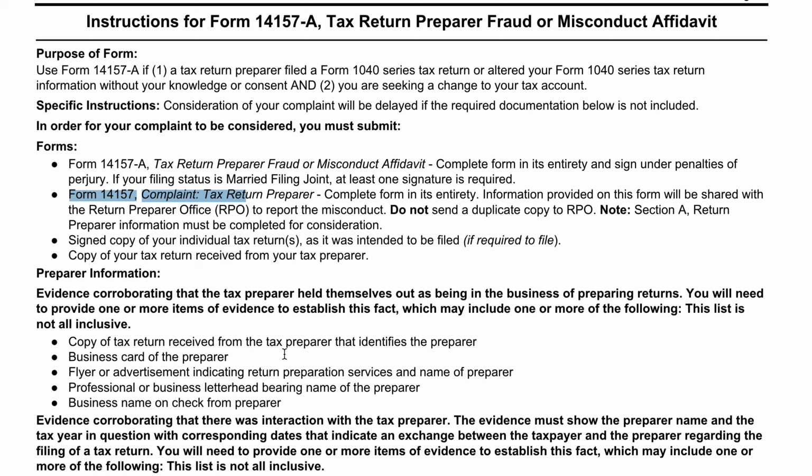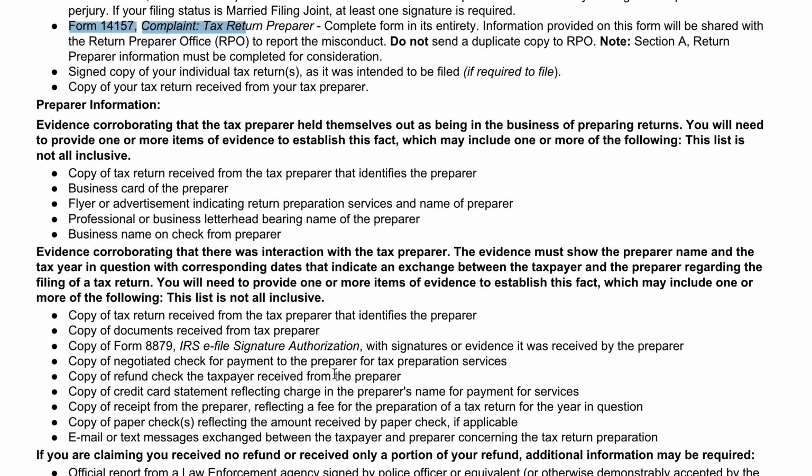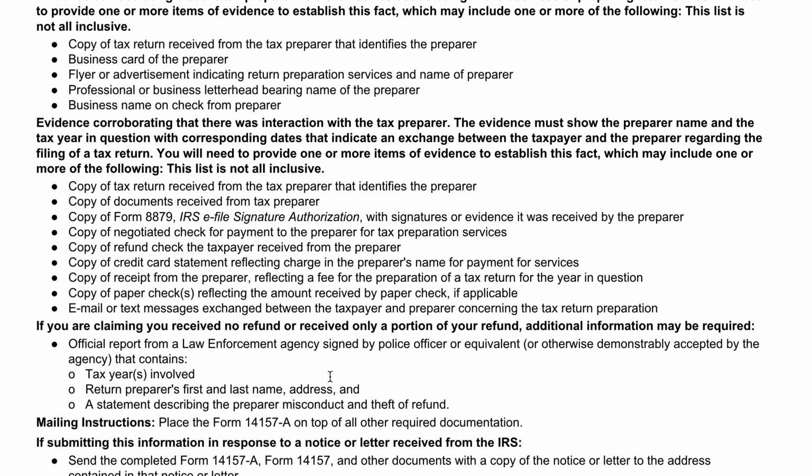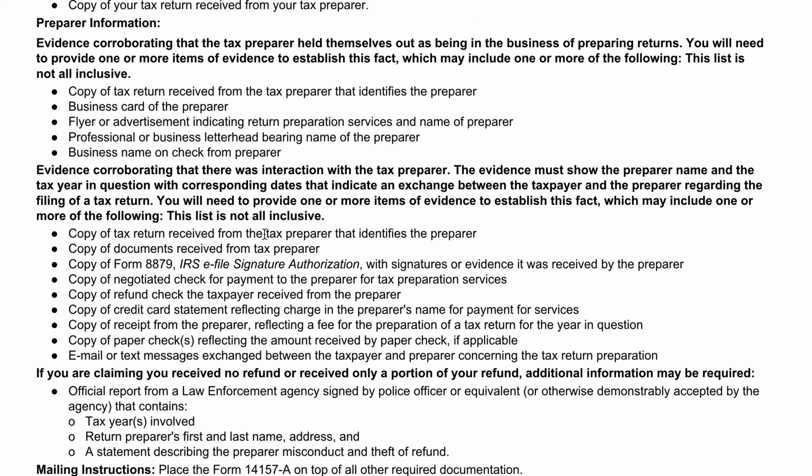The second thing is that you need to corroborate that there was interaction between you and the tax return preparer. And then finally, if you received a refund that was different from what you expected, then you need to file a police report with your local law enforcement agency and then attach that to all of the other documentation.